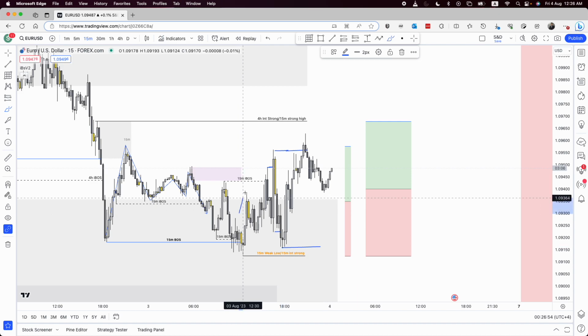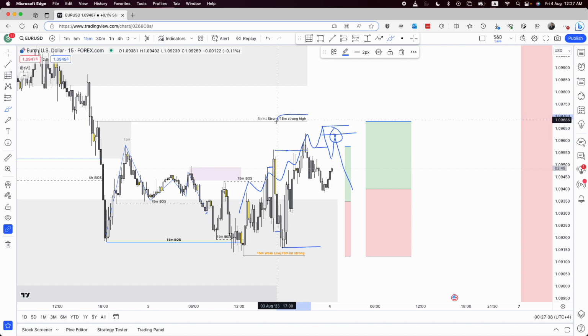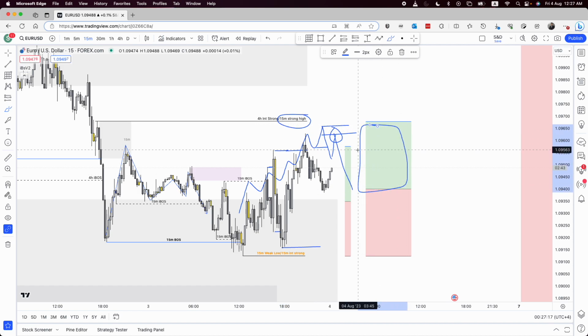But if we get clear alignment, just like I showed you right now, right? So we have the internal, which is sort of going up like this, going up like this, going up, and then going up, and then it breaks internal structure and then goes into some sort of a supply zone over here, and then it fell. This area is much higher probability because we are in direct alignment with the swing structure, and then we are also in the premium to sell.